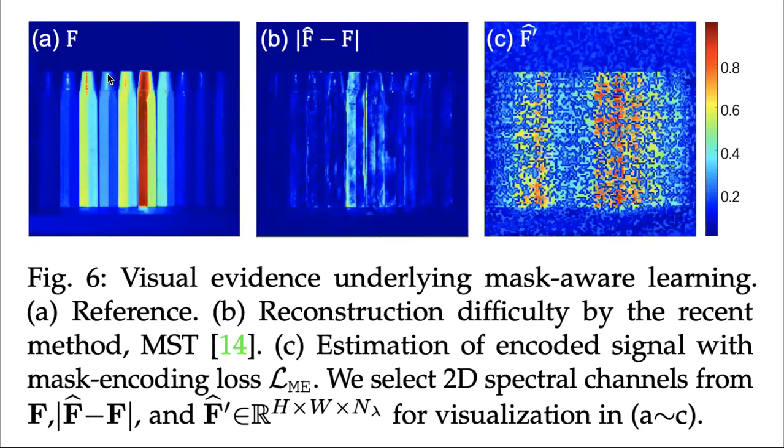F is the reference and F hat is the prediction. F hat minus F means the reconstruction difficulty. And F prime is the estimation of the coded signal with mask encoding nodes. So this is the evidence of the masked data uncertainty.